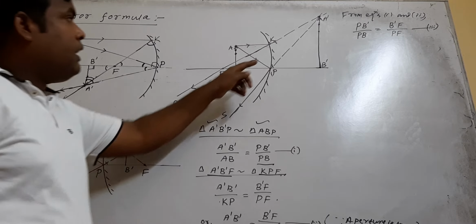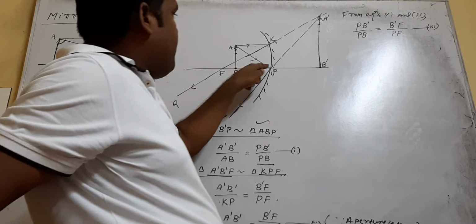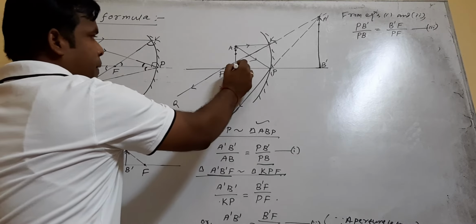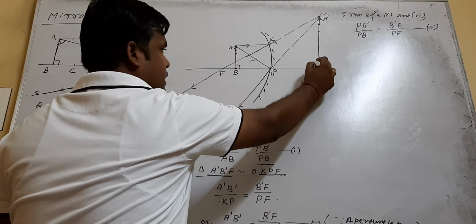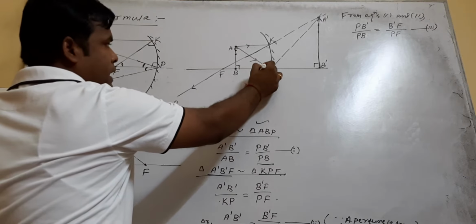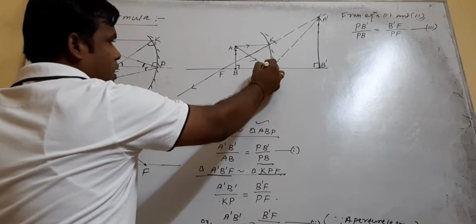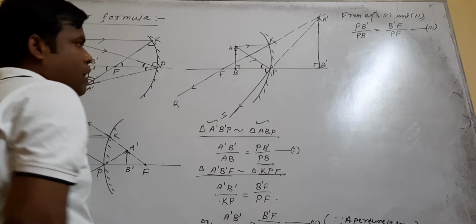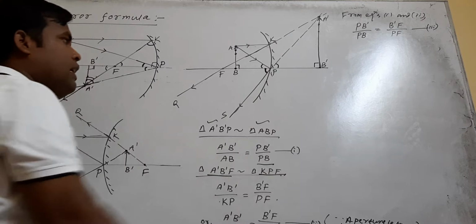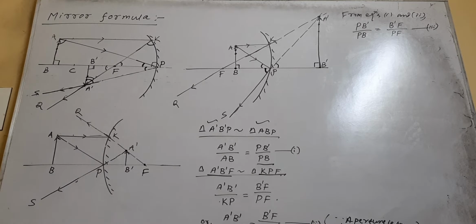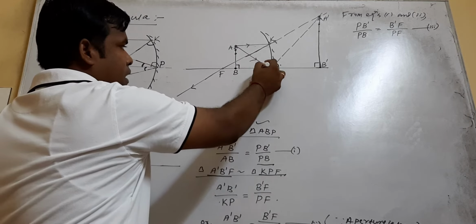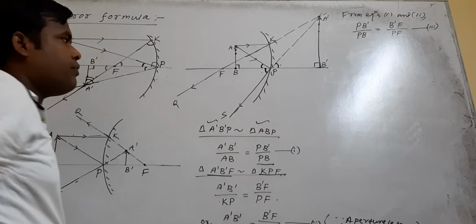Then how A'B'P and ABP are similar? Let us verify it. It is perpendicular. It is also perpendicular. You see, it is angle of incidence, it is angle of reflection. So these two angles are equal. And you see this angle and this angle, they are vertically opposite. So this angle is equal to this angle. That means this angle is equal to this angle.